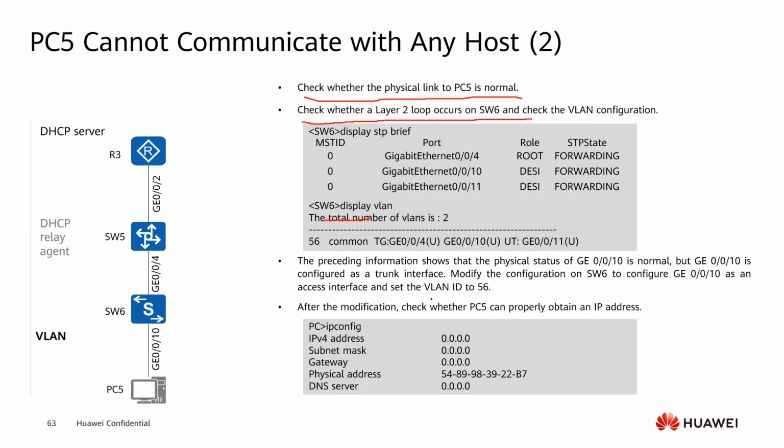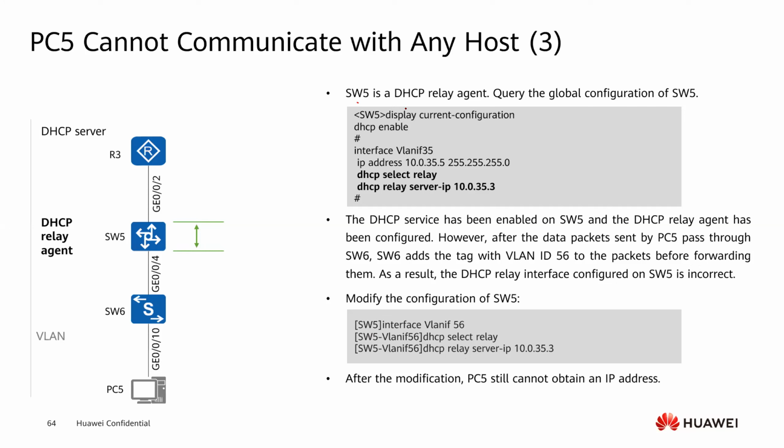Here is the VLAN ID. SW5 is a relay agent. Query the global configuration. We find here the DHCP select relay. The DHCP server has been enabled on SW5 and the DHCP relay agent has been configured.